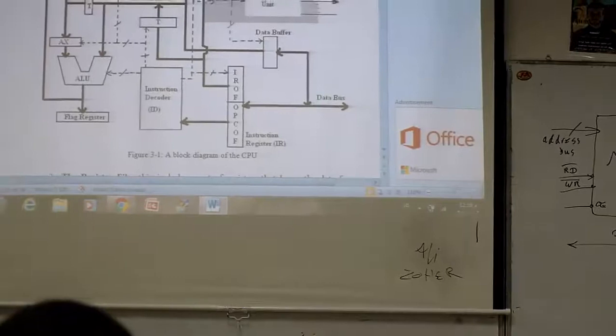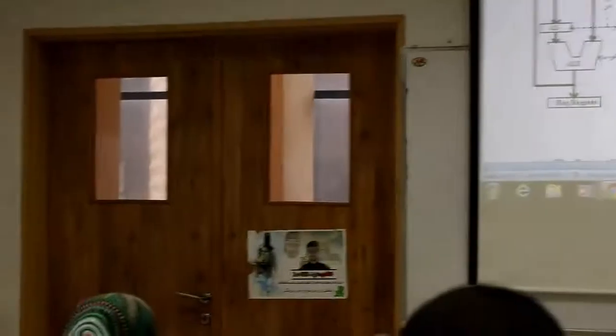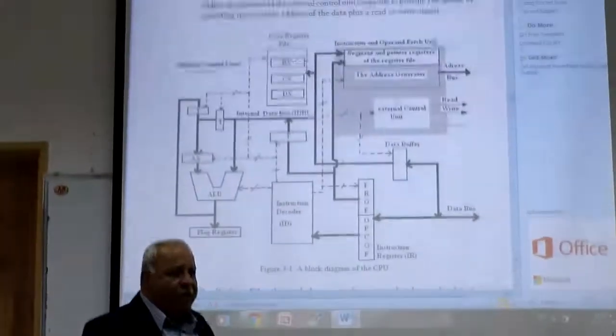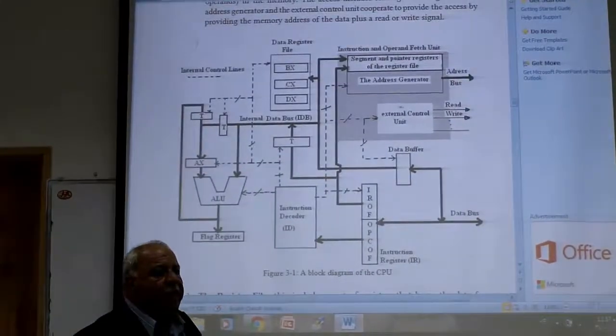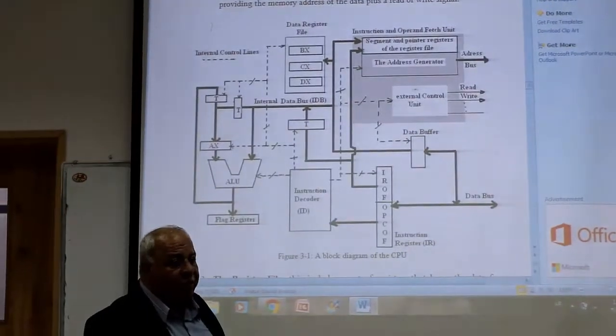So the first step is to produce the address of the instruction, presented to the memory with a read signal, and the memory will respond by sending the instruction on the data bus. Now, to where? It is presented to something called the instruction register, where we keep it for decoding and other things.